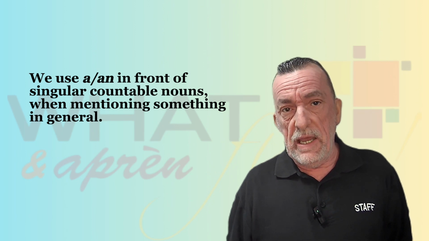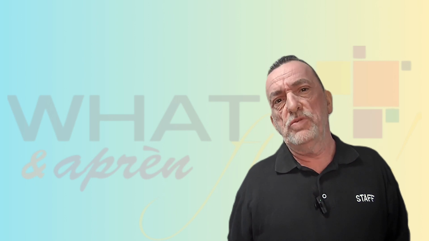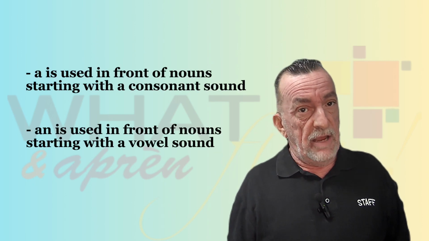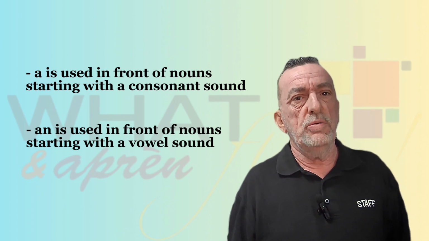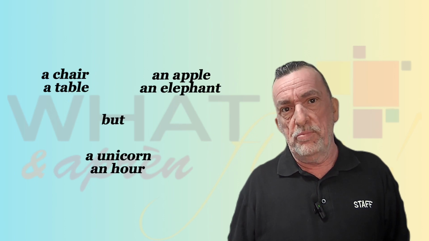So is it a or is it an? There seems to be a general rule that if the word starts with a vowel, A-E-I-O-U, then we would use an: an elephant, an umbrella.